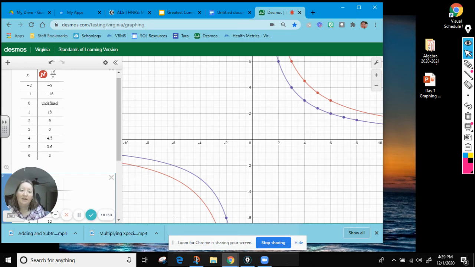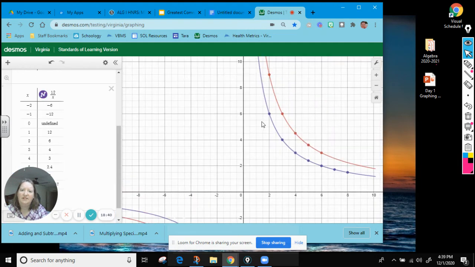I'm wondering if you could tell by the graph if that would help you. Because I'm seeing 6. See how they both have a dot at 6? I'm looking for places that they both have a dot. So they both have a dot at 6.